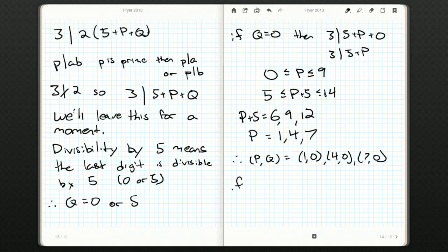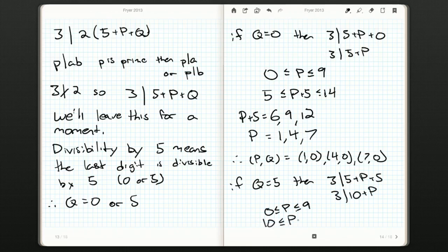But the other case is Q equal 5. And 3 divides 5 plus P plus Q is 3 divides 5 plus P plus 5, or 3 divides 10 plus P. Well, P is between 0 and 9.